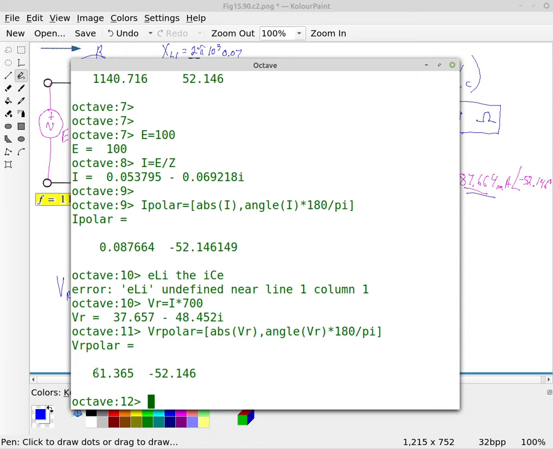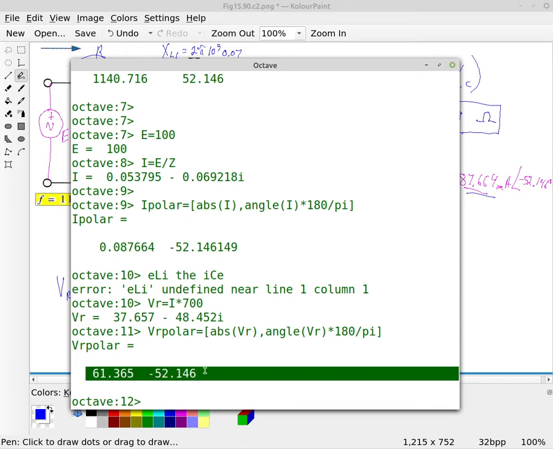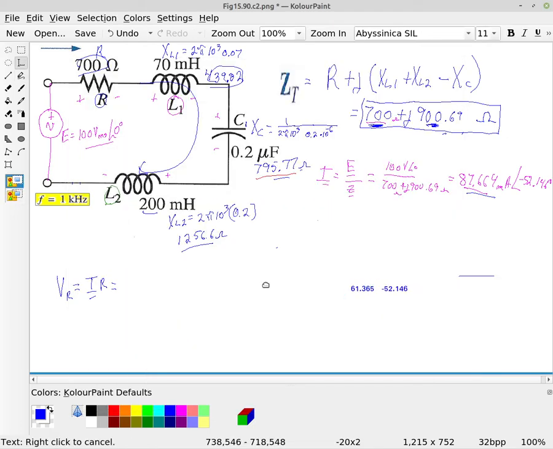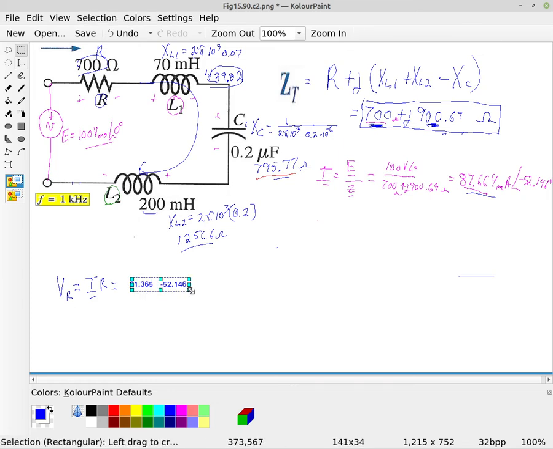All right, and so VR then is going to be 61.365 volts at an angle of minus 52 degrees.